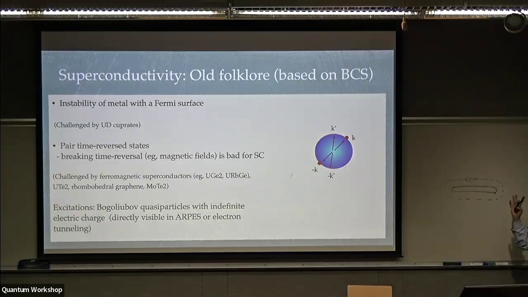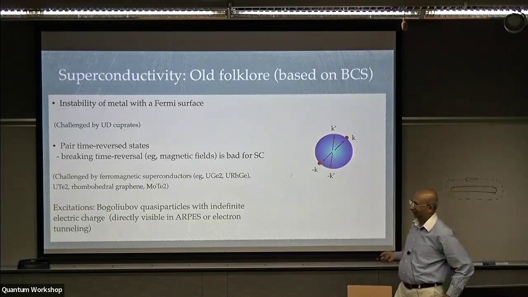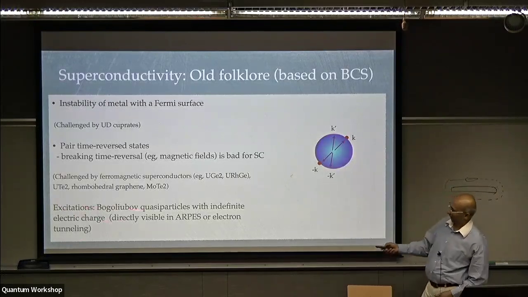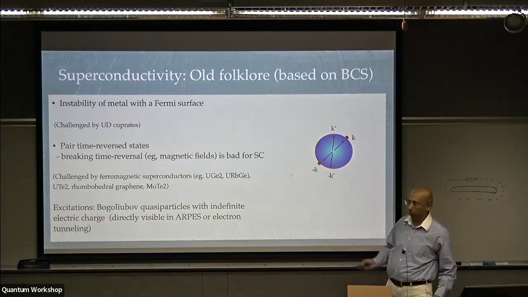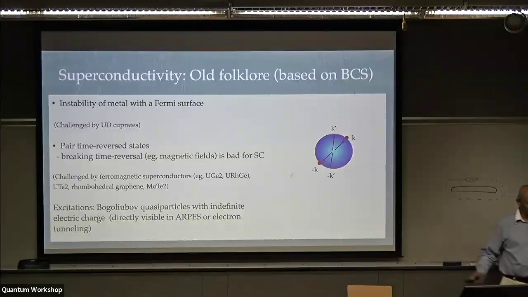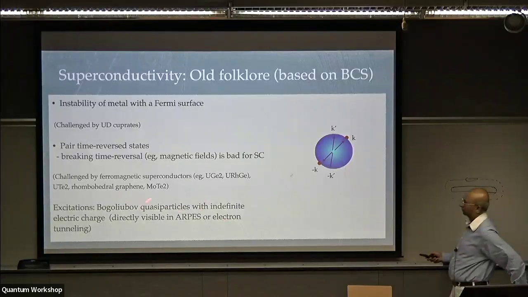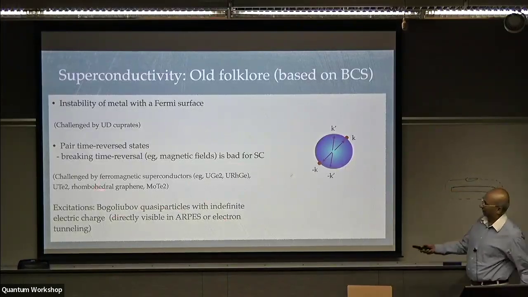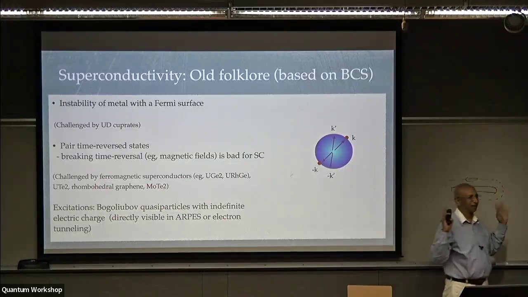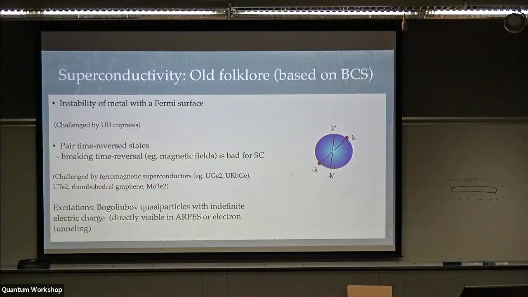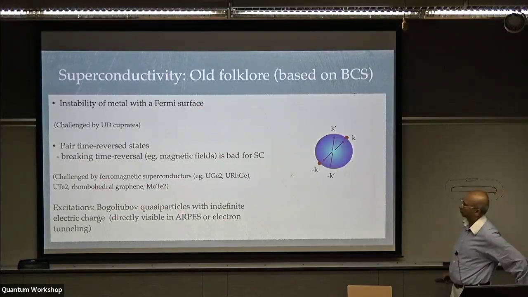I don't understand what's going on with that superconductor, but it exists, right? And you've seen that it's there in rhombohedral graphene in time reversal broken conditions, and perhaps in MoTe2 as well. So there are challenges, but this is the general belief, the general folklore. Right? Most of the time, these statements are true.